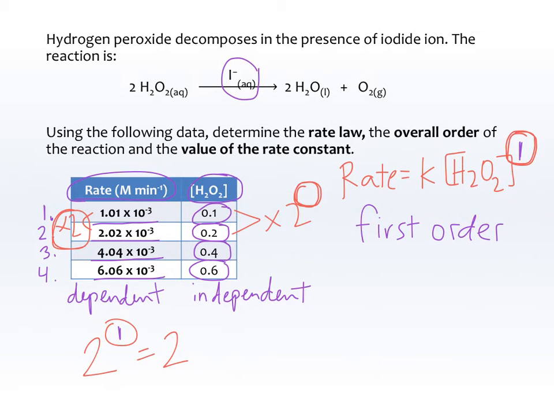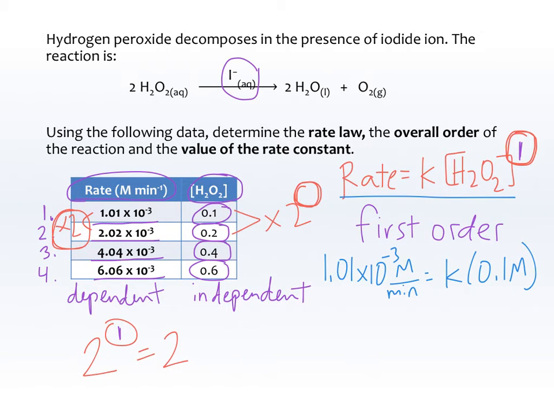So then the last thing that's left is determining k. Now that I have a rate law, I can plug that in to find k. So it says rate is equal to k times [H2O2] to the first power. Let's say I'm going to use experiment 1. 1.01 times 10 to the negative third molarity per minute is k times 0.1 molarity.